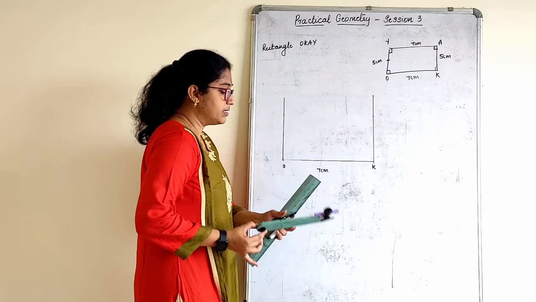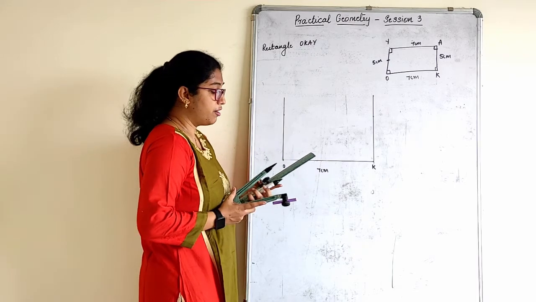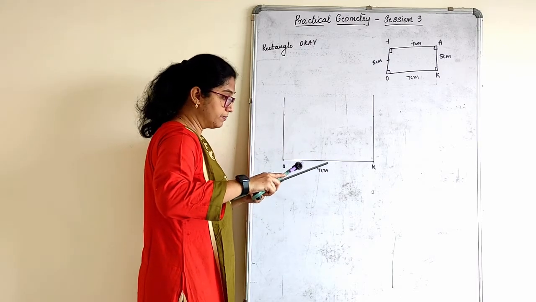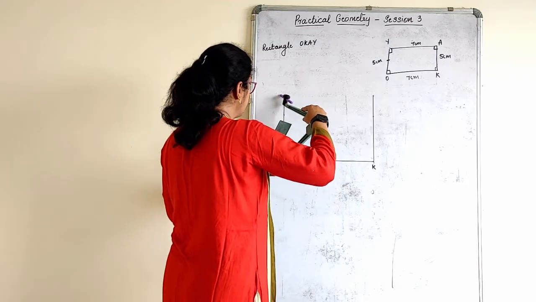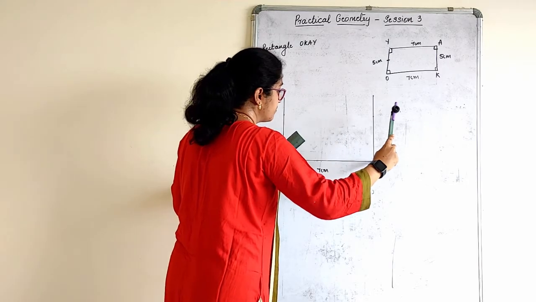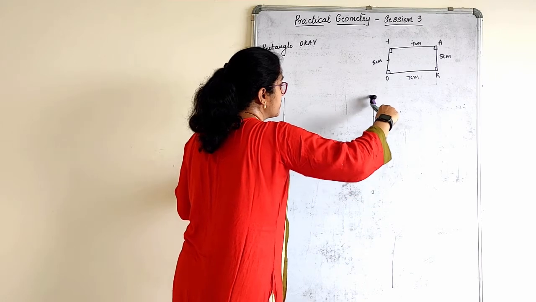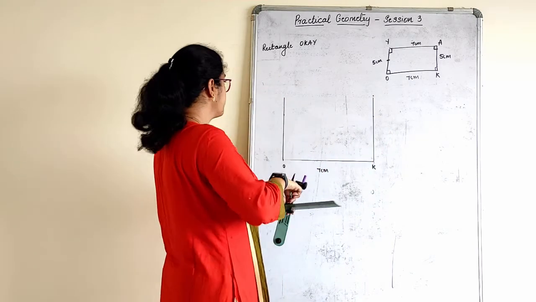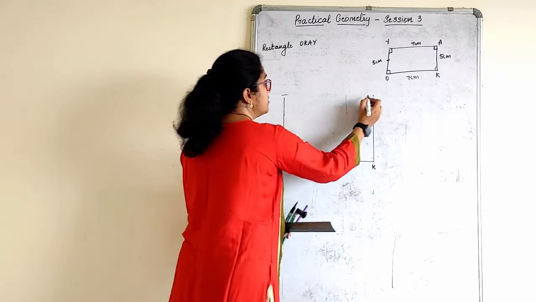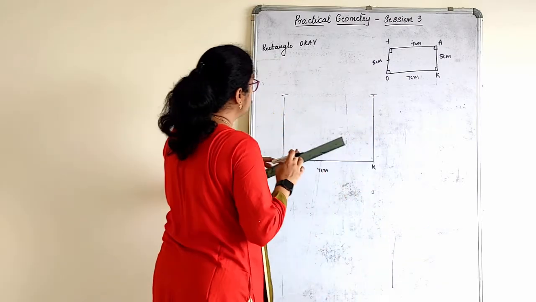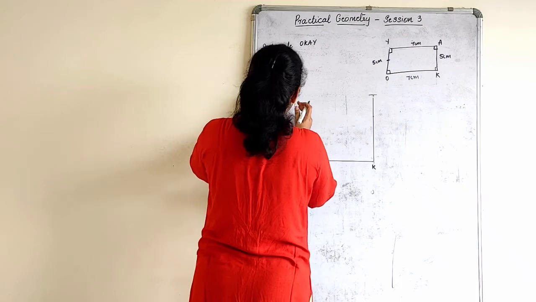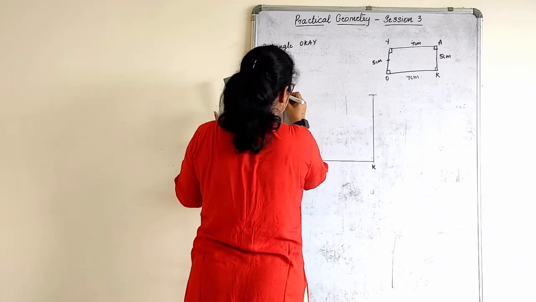Then what we will do is here, we'll cut the lines for 5 centimeter. It cuts here. It cuts here. So this and this, let us join them now. We will extend it a bit so that we can meet at the point of contact.